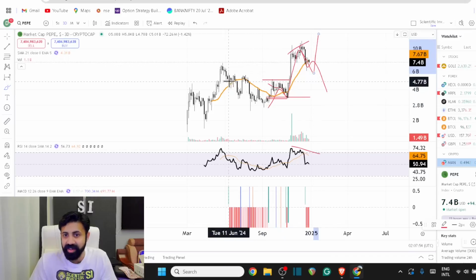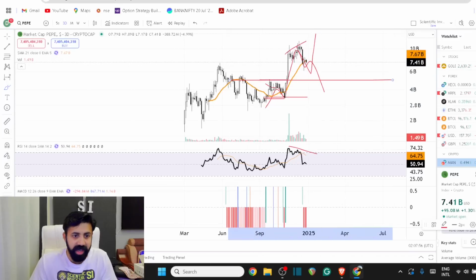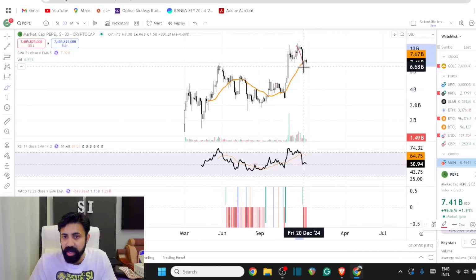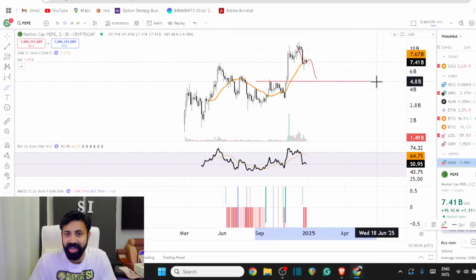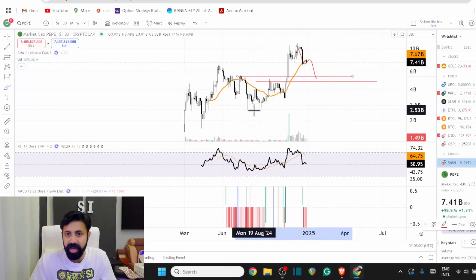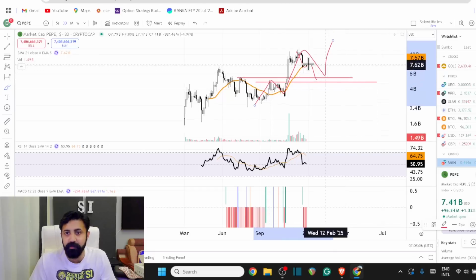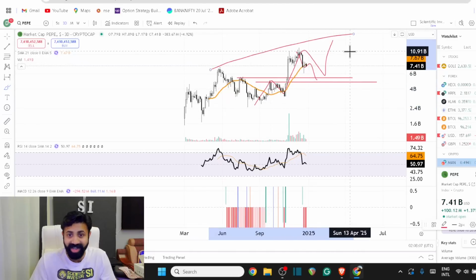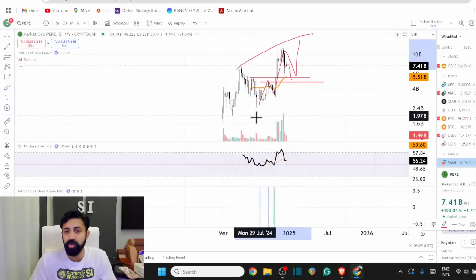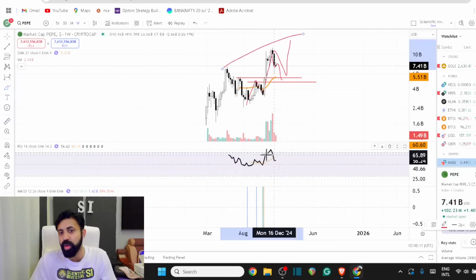Now, in that sense, you would actually get the support here. The ABC won't be that deep. It should be somewhat something like this, where you get supported here because your macro wave would be like this. Maybe a bear high, but you'll still have somewhat something like this, which would be the negative divergence on a weekly chart.